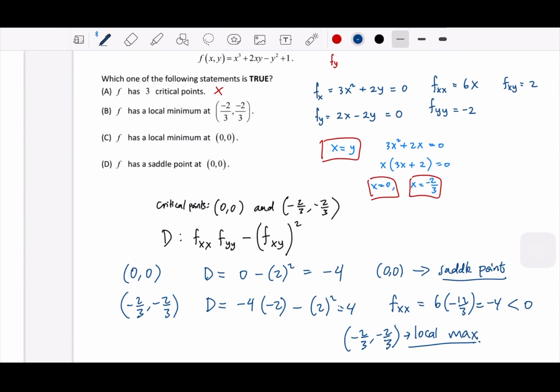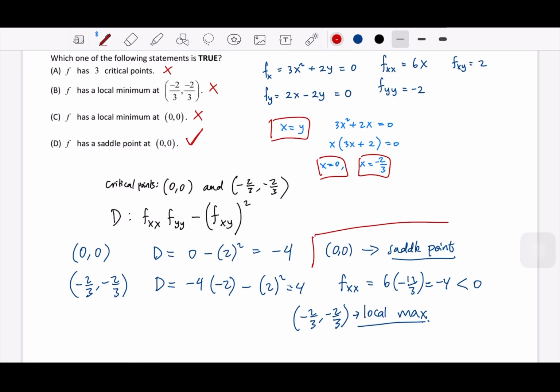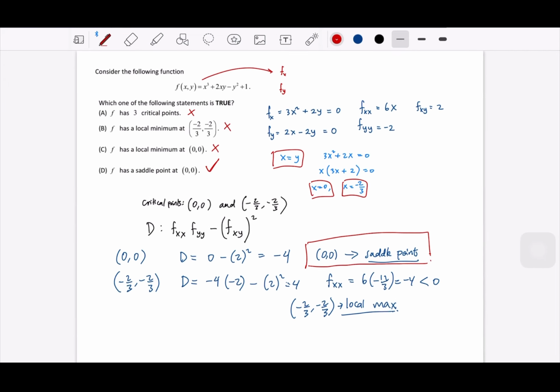So this is wrong, this is a saddle point. I think we already got the answer directly from here. Okay, that's how we solve this type of question.